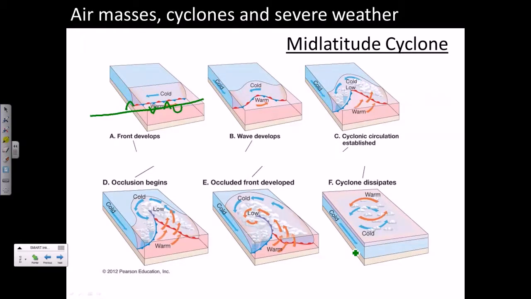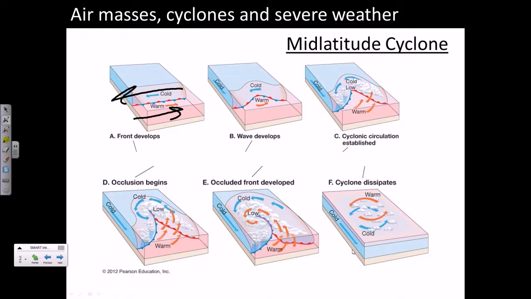So what's happening here at the stationary front, and I'm going to go ahead and erase this really quickly, we're not dealing with a situation in which we have air moving across the boundary or even really vertically. What we have at a stationary front is air moving side to side, right? Side to side, kind of like a transform boundary or a transform fault.